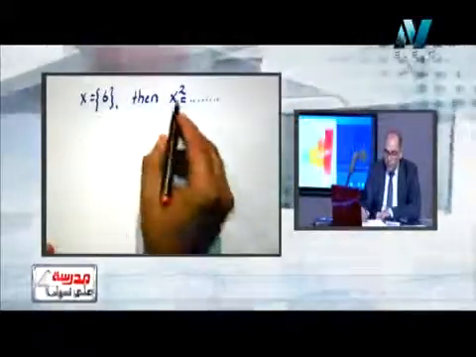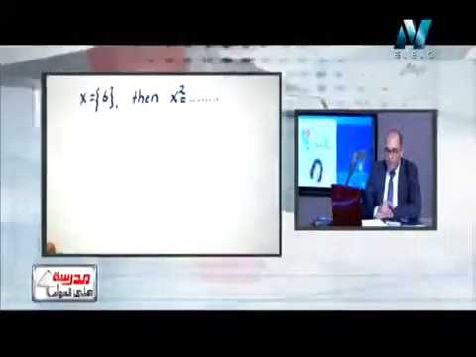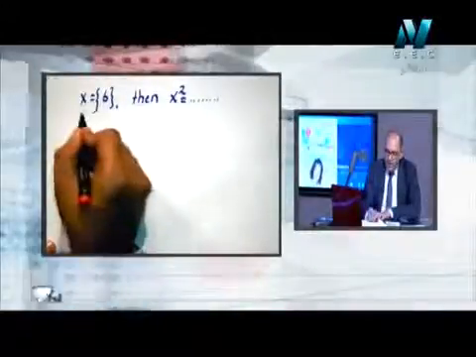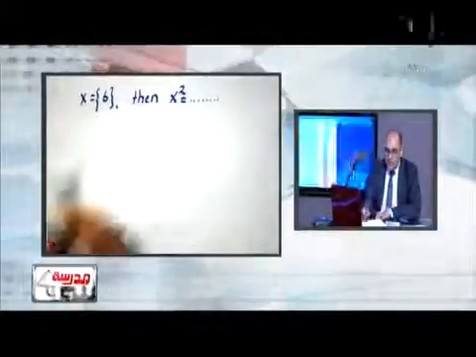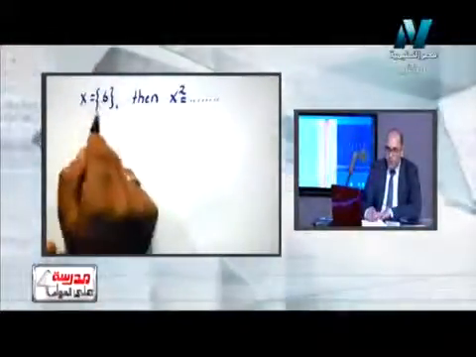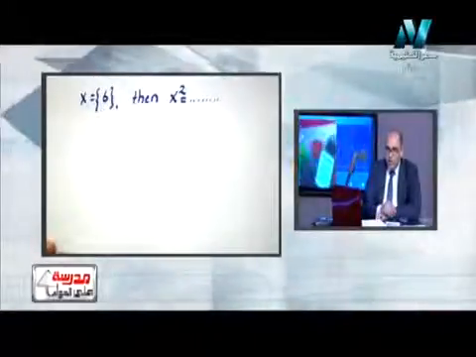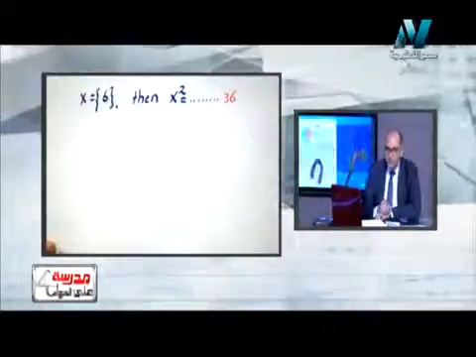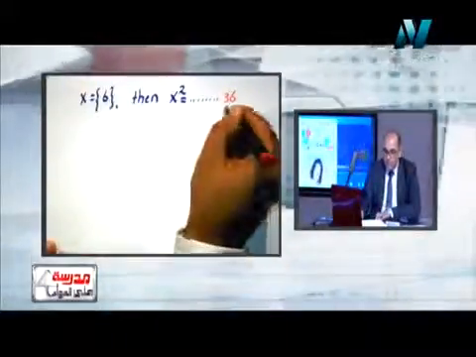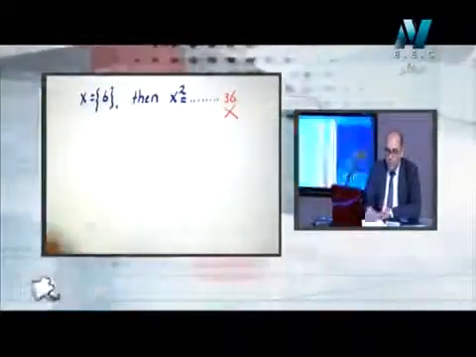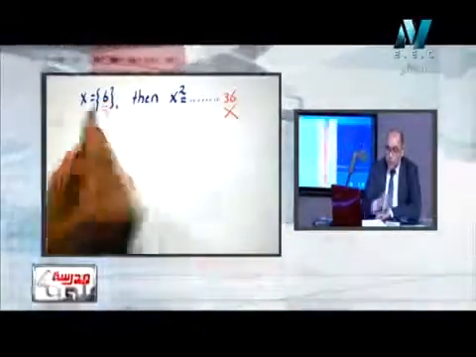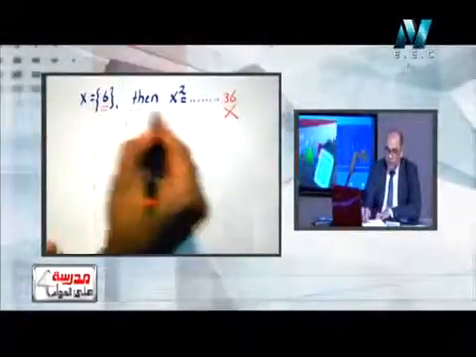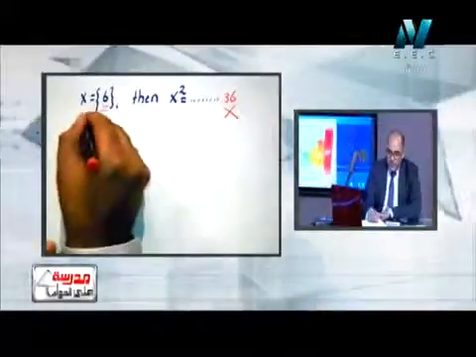To find X squared, the common mistake of the students is this: we have X equals 6, then X squared, you square the number 6, which gives 36. That is false, because we do not square the number, we just repeat the set twice.